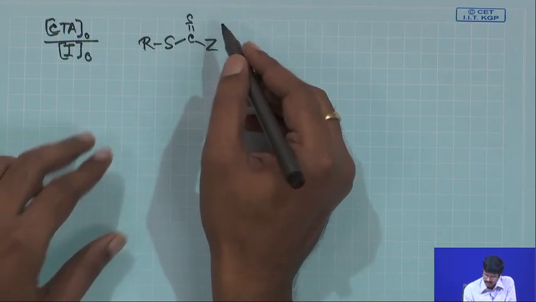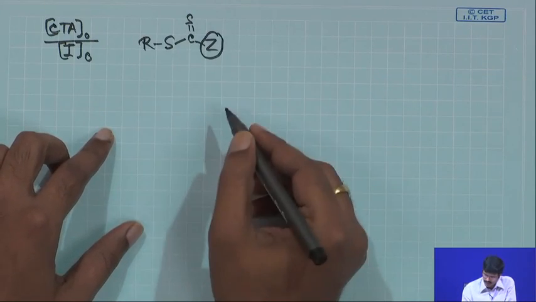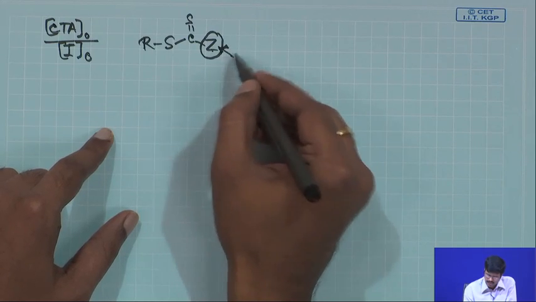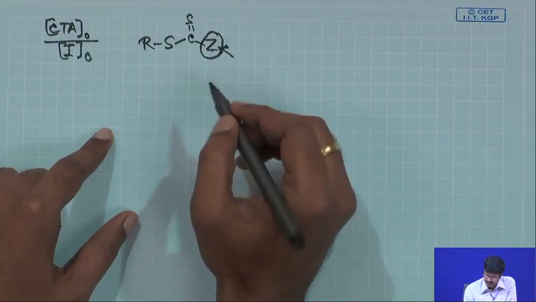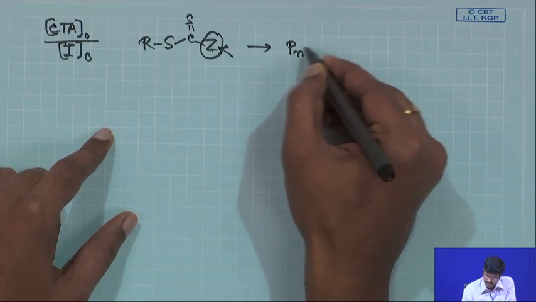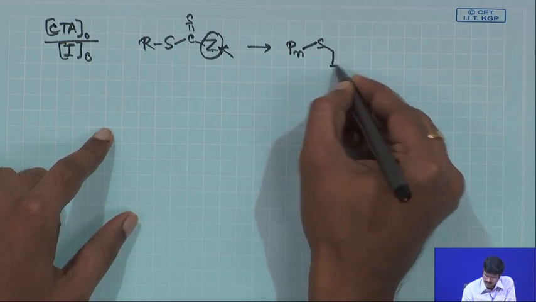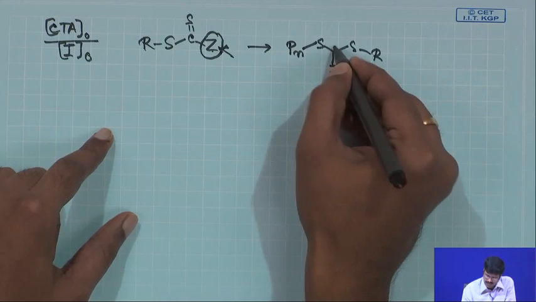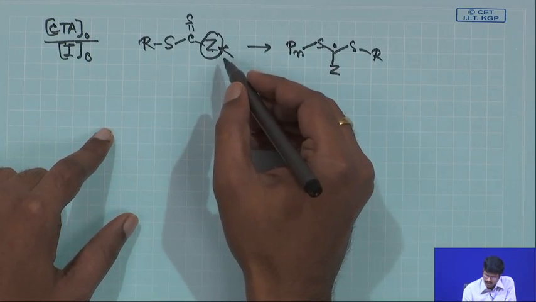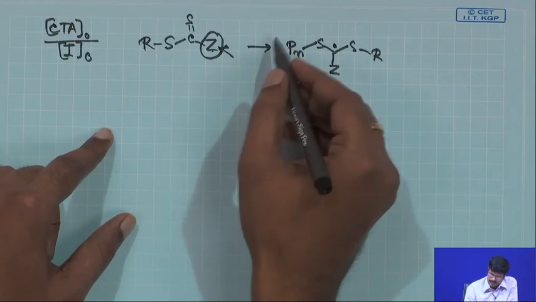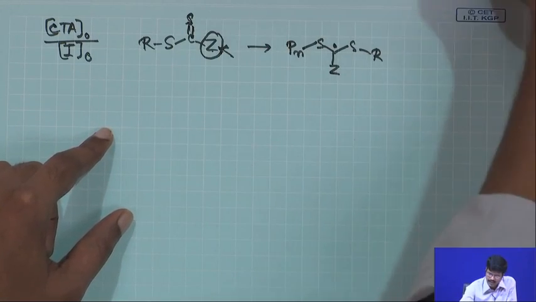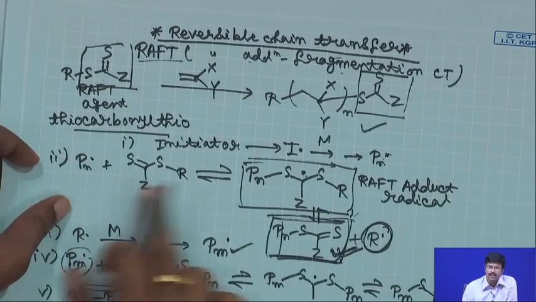So, the Z that you have has to be so chosen that it will not only stabilize the intermediate radical. The intermediate radical is basically something like this: P n S Z S R. So, it stabilizes this intermediate radical, but it also helps addition to the C double bond S bond, and that is why this particular reaction is indeed possible.